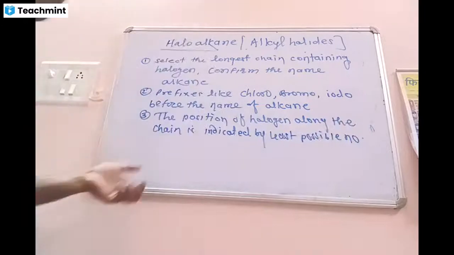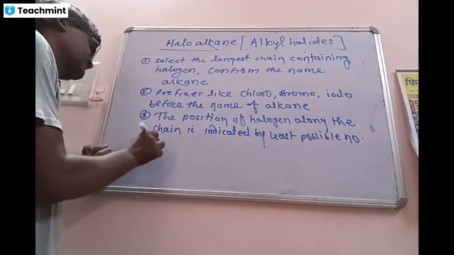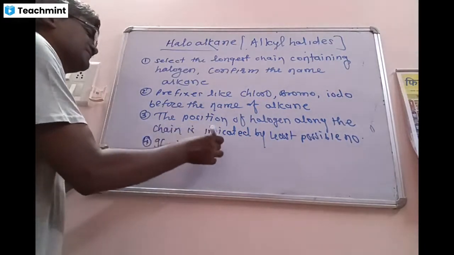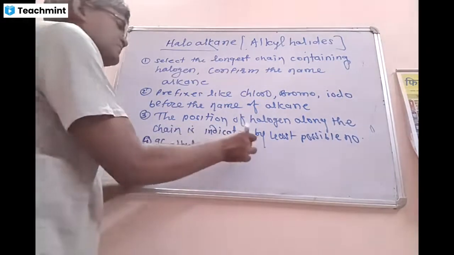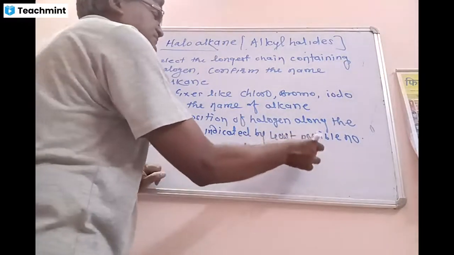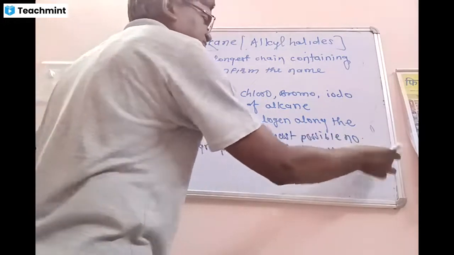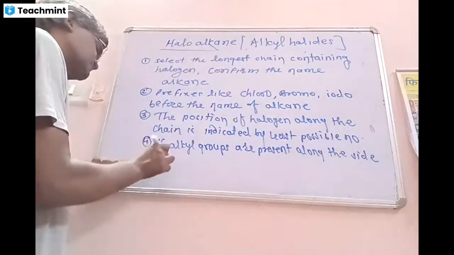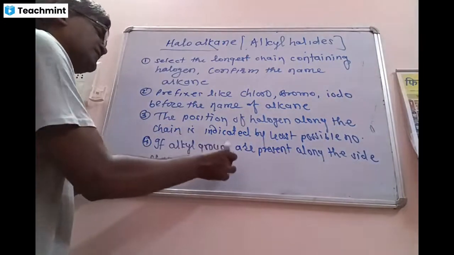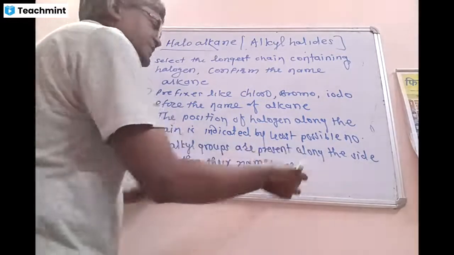Well, it is not complete. What is left? If alkyl groups are present along the side chain, then their names are written.